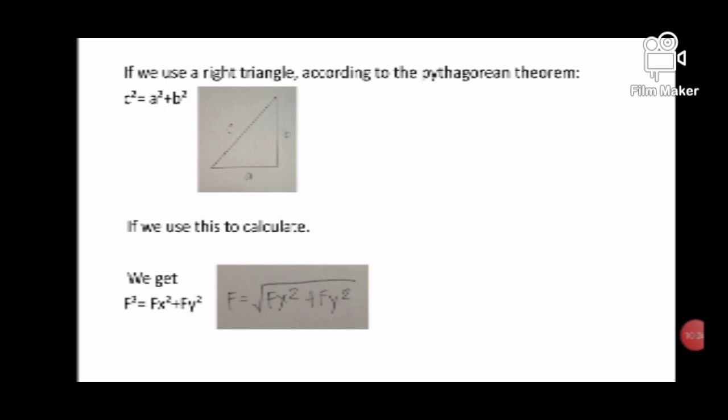If we base from that formula on our problem, we get f squared is equal to fx squared plus fy squared. And we can simplify it, and the answer would be f is equal to the square root of fx squared plus fy squared.